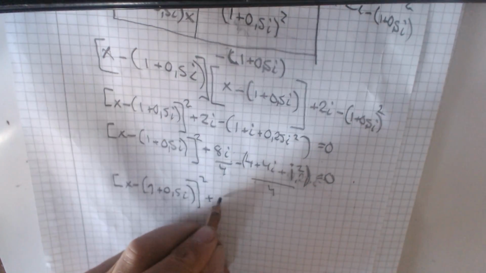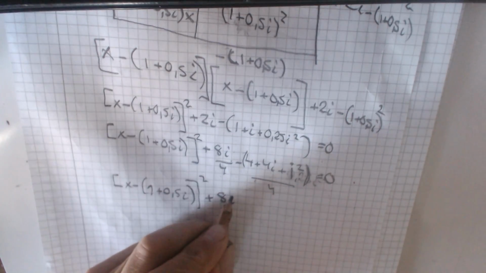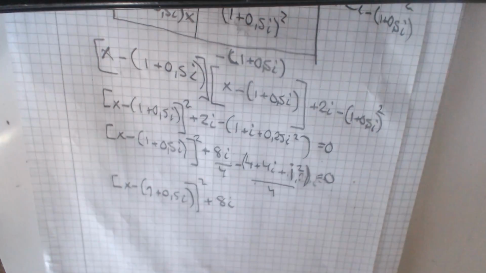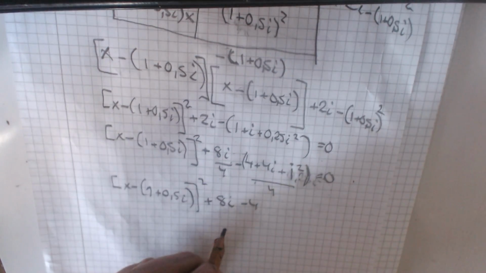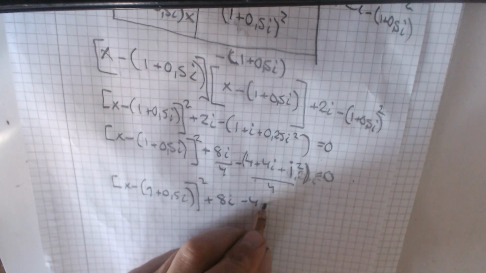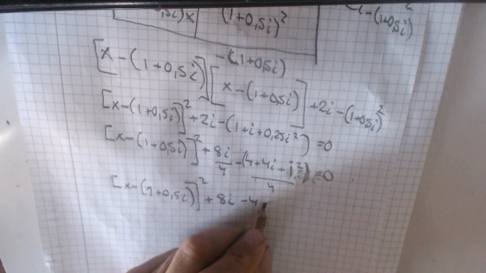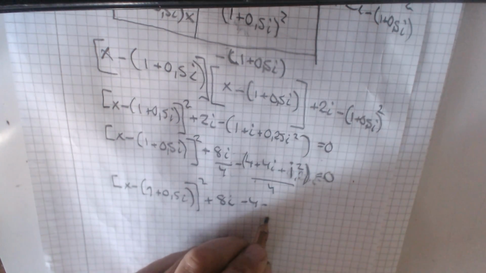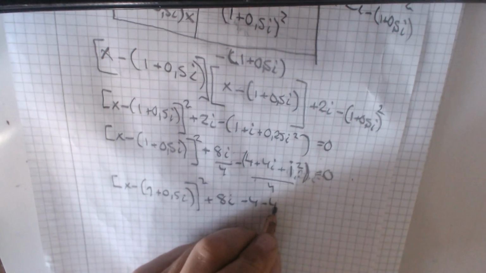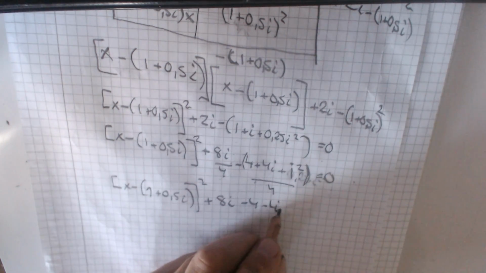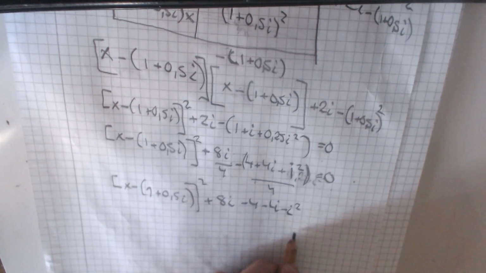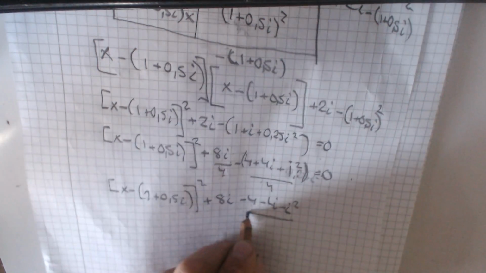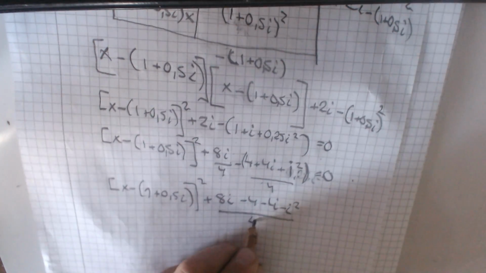plus 8i minus 4 minus 4i minus i squared divided by 4.